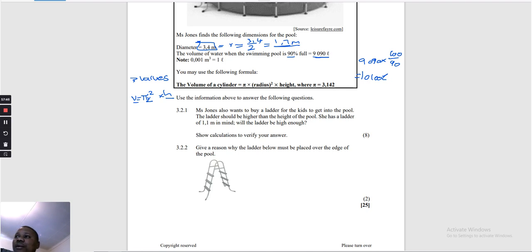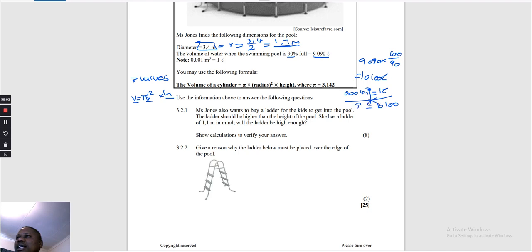How are we going to do that? They told us that 0,001 meter cubed is equal to 1 liter. So let's do the cross multiplication. We put 10,100 here and the question mark here.